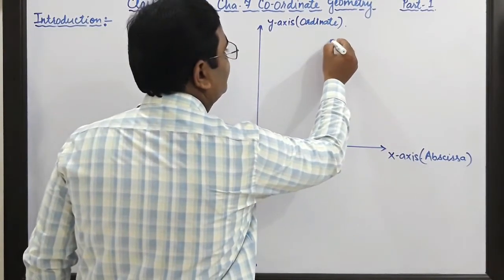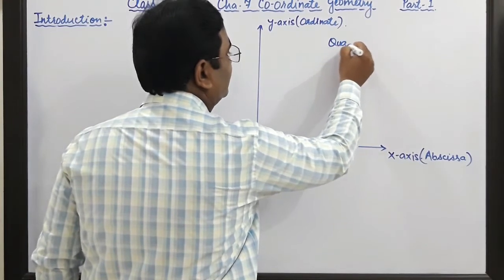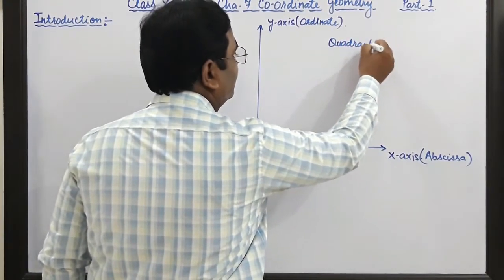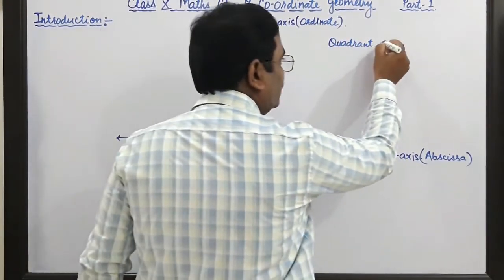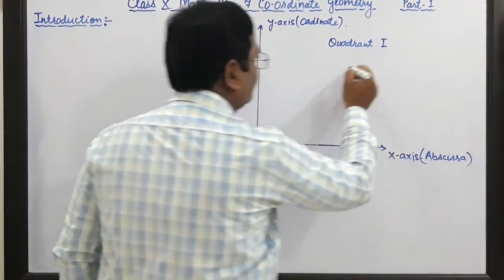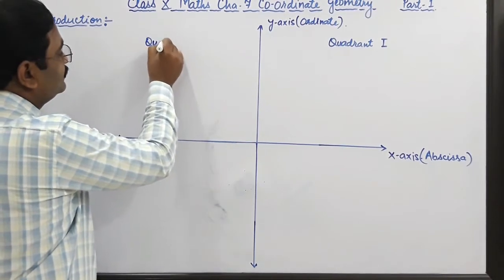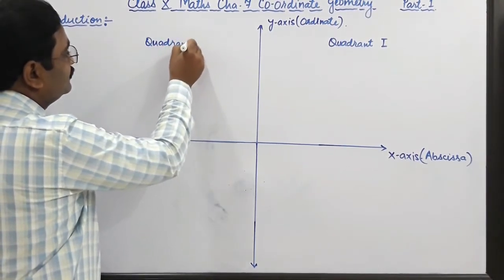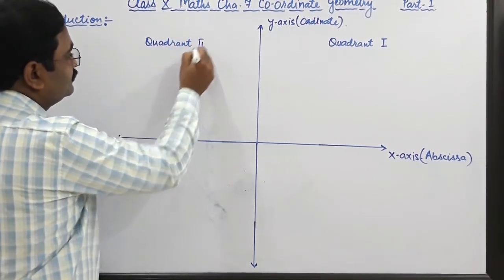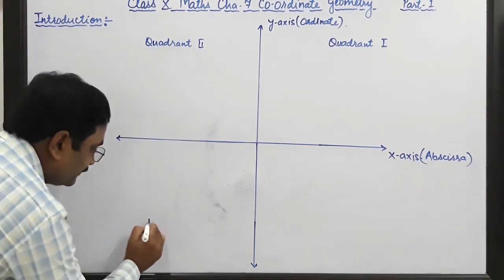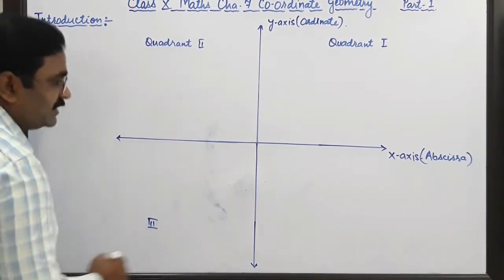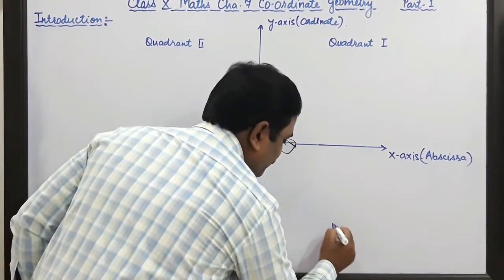This is the first quadrant, this is the second quadrant, this is the third quadrant, and this is quadrant number 4.